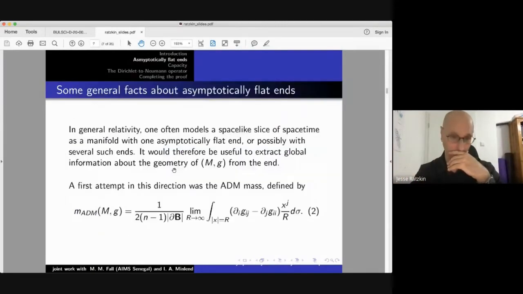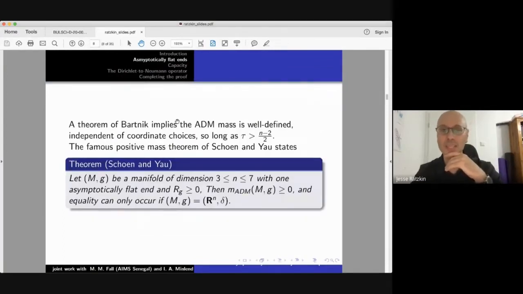And why is something like this ADM mass even well-defined? So there's a theorem of Robert Bartnik from sometime in the 1980s, which says that actually if your decay is fast enough, if your rate of decay is at least n minus 2 over 2, then this ADM mass is independent of which coordinate choice you make.